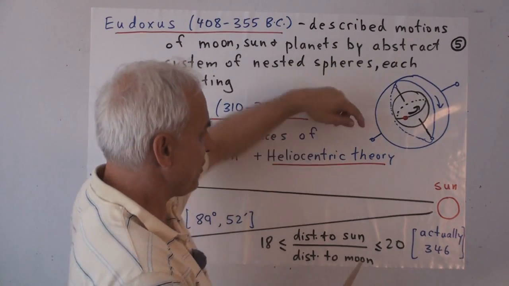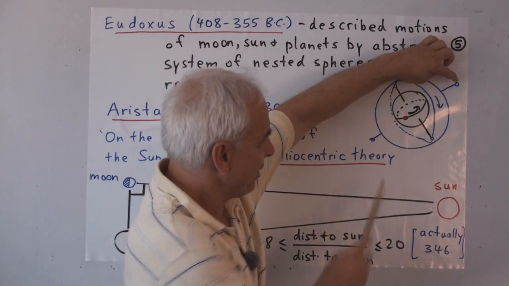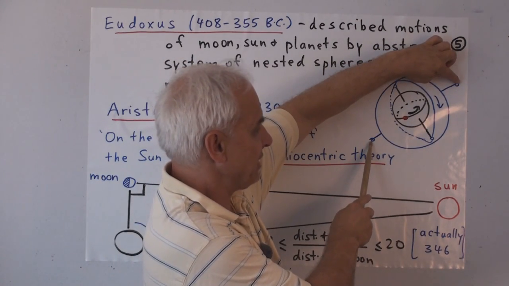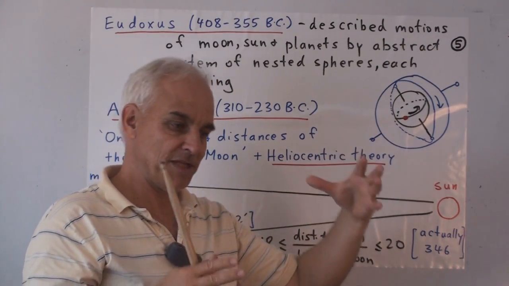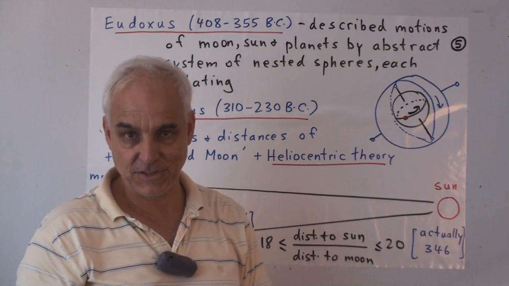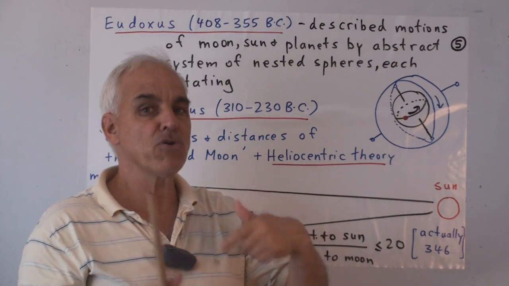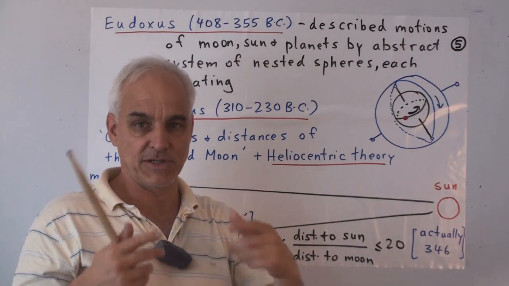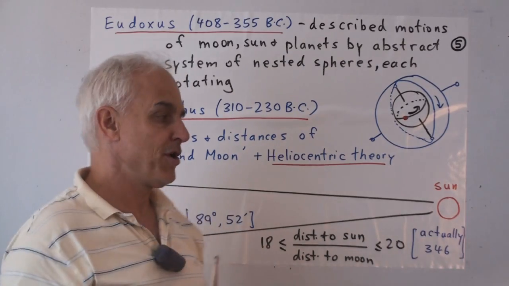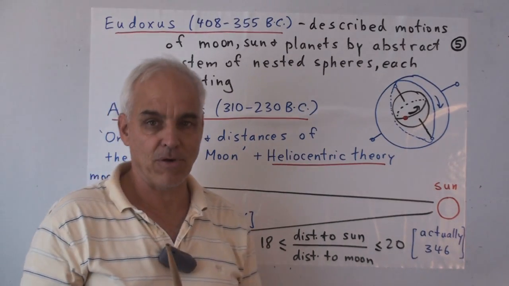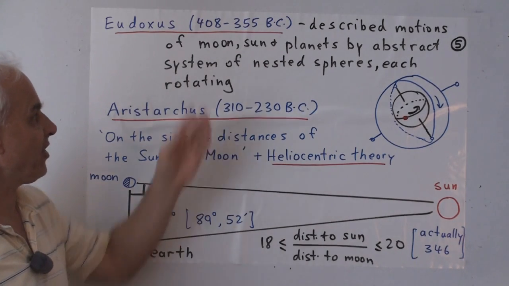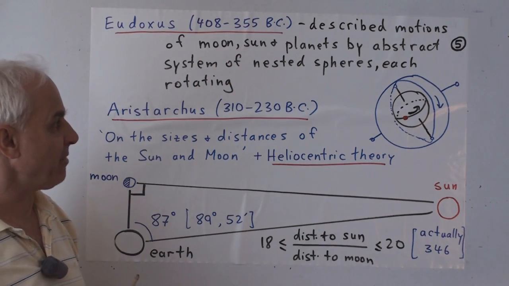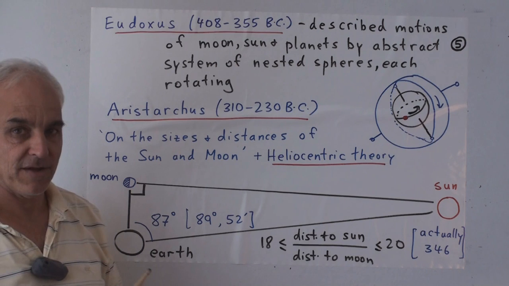And then there's another bigger sphere on which these two axes points are fixed, which is also spinning. So we have one sphere inside another sphere inside another sphere. And the combined motions of these circular motions of each sphere explain, or pretty well explain, the motion of these objects, moon, sun, and planets, as understood at that time.